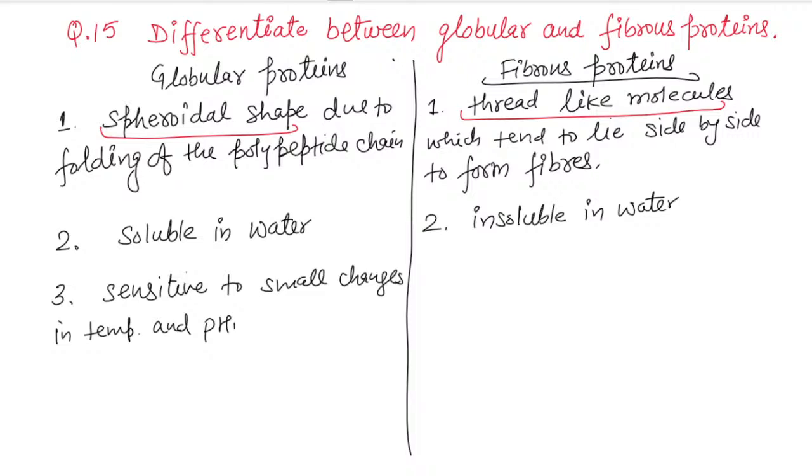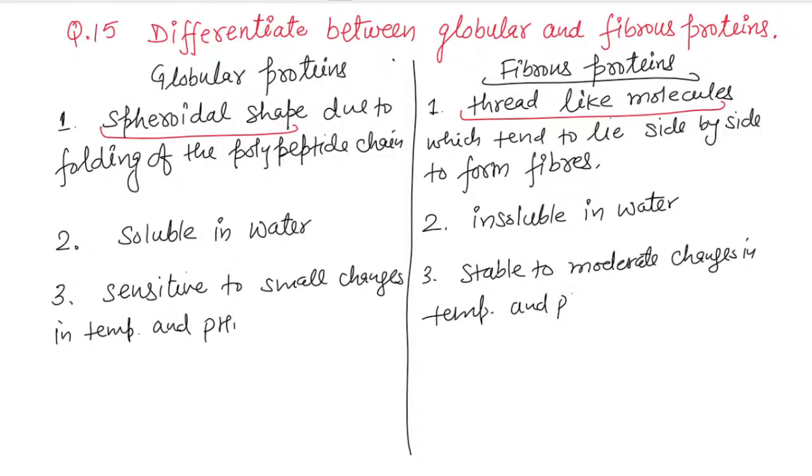Therefore they undergo denaturation on heating, or even in treatment with acids or bases. But fibrous proteins are somewhat stable to moderate changes in temperature and pH. Okay. Any other difference?